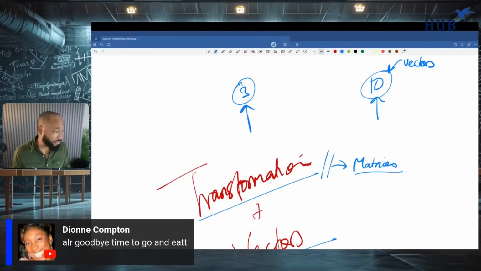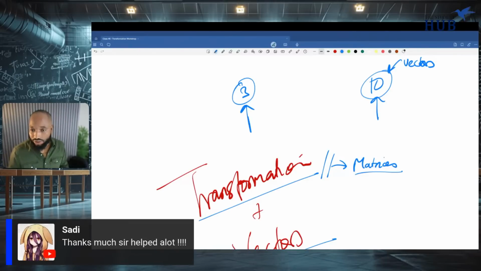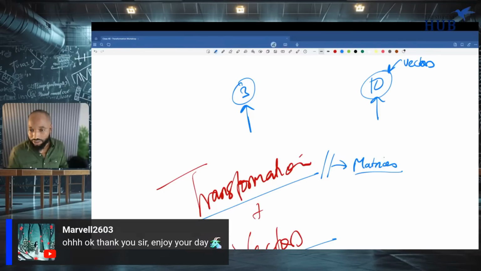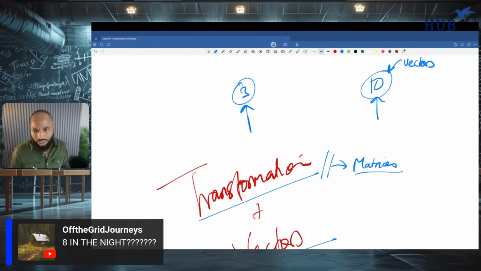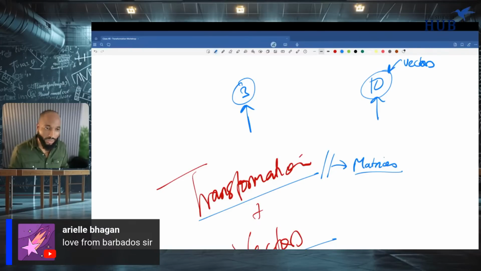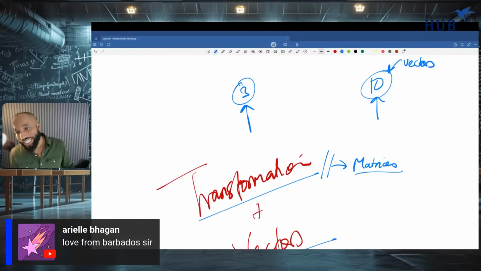Love and blessings, Zach, Malika, Brian. Yeah, eating time. My wife is putting on some food for me now. I'm going to deal with that just now. Sadie, you welcome. Marvel, blessings. Late night with Springs. Love from Barbados. The only thing we don't really love from Barbados is CXC headquarters. But everything else in Barbados we love.